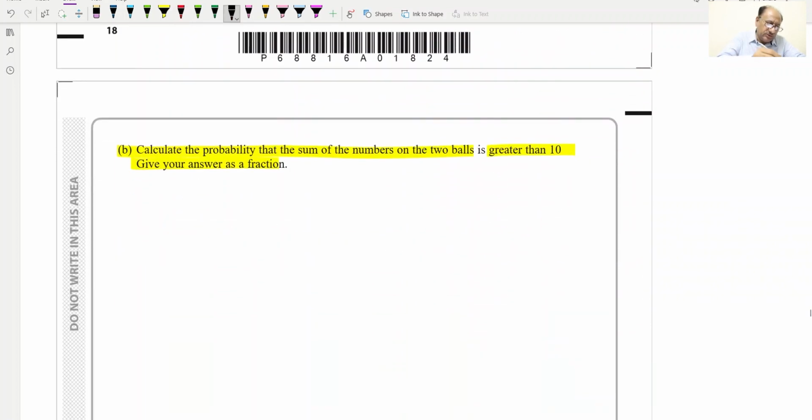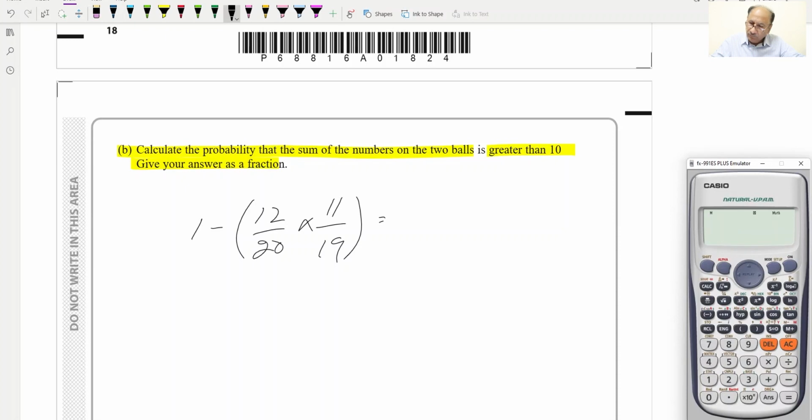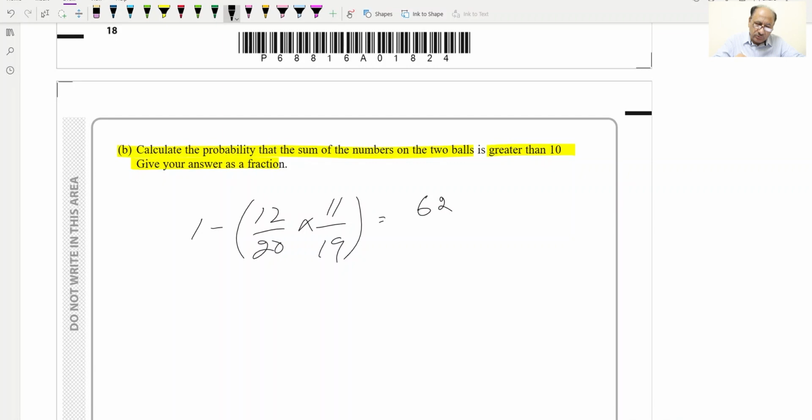So we can write 1 minus 12 over 20 into 11 over 19, and this is equal to 93 over, not minus, it should be multiplication. Basically this is multiplication, so it will be 62 over 95. So 62 over 95 will be the final answer.